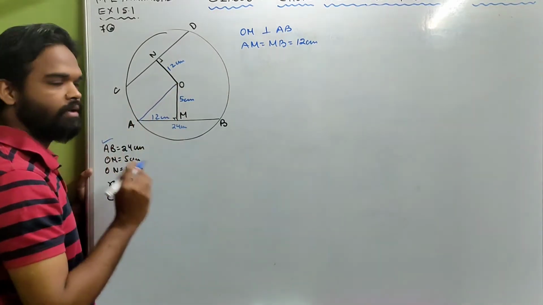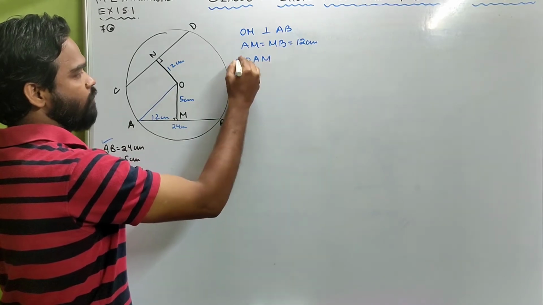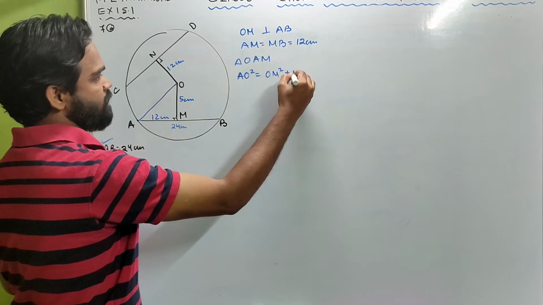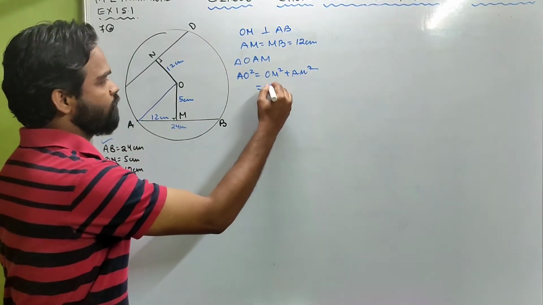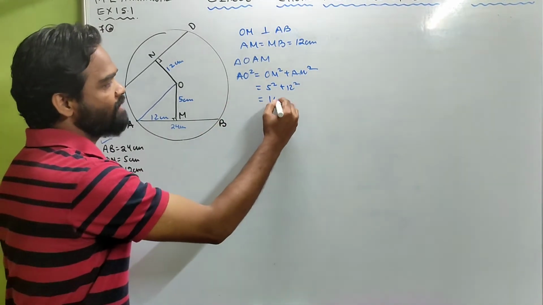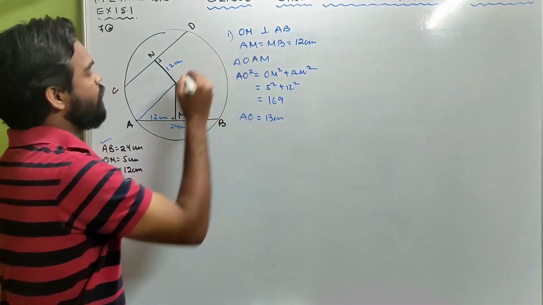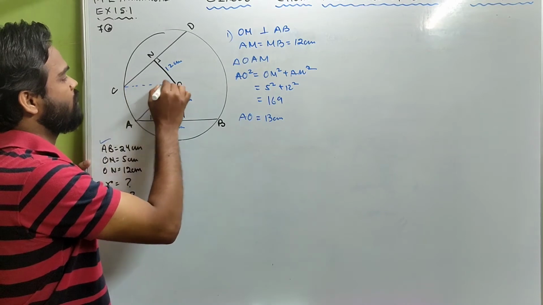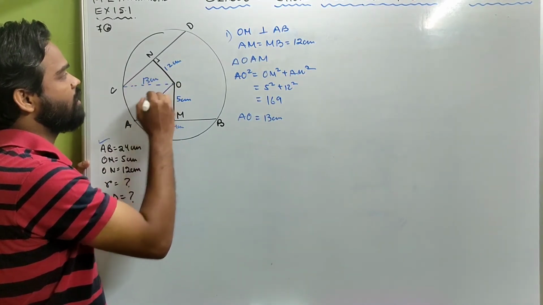Just draw OA. Now in triangle OAM, I'm talking about, AO square will be OM square plus AM square, no doubt in that, isn't it? Which is equal to 5 square plus 12 square, which is 25 plus 144, 169, which means AO will be 13 centimeter. So the radius is 13 centimeter. Now just join CO. This is 13 centimeter because the radius is 13 centimeter.